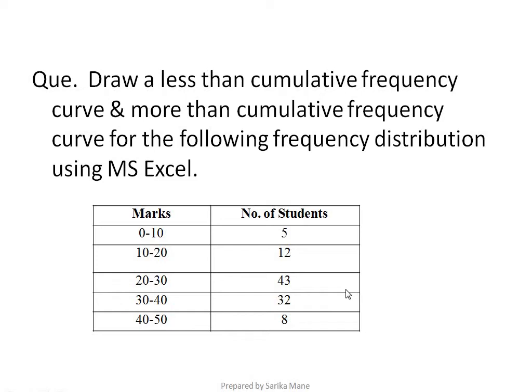And to draw the more than cumulative frequency curve, lower boundaries are taken on the x-axis and more than cumulative frequencies on the y-axis, and in this case a succeeding class to the last class is taken with cumulative frequency 0.